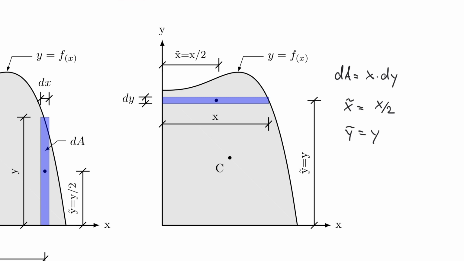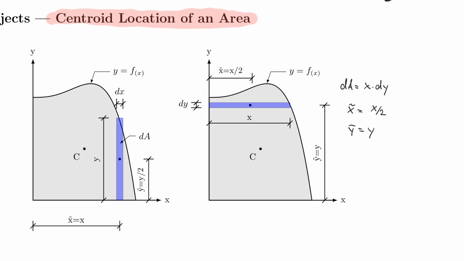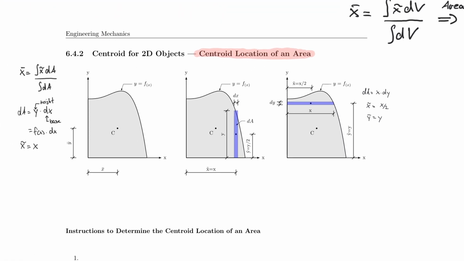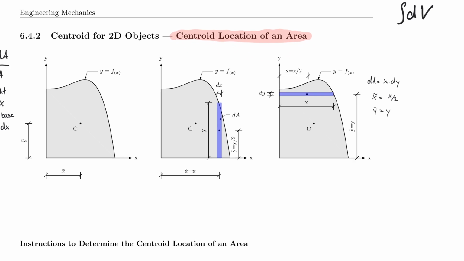And so in sum, all we have to do is rewrite these equations that we had before for x bar, which I already did, but I'm going to repeat it down here anyways. So sum x tilde dA divided by sum dA.